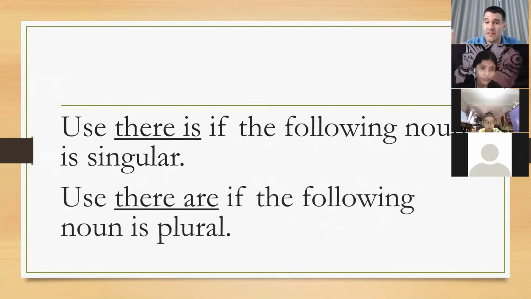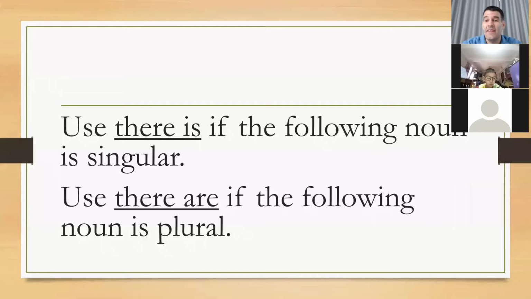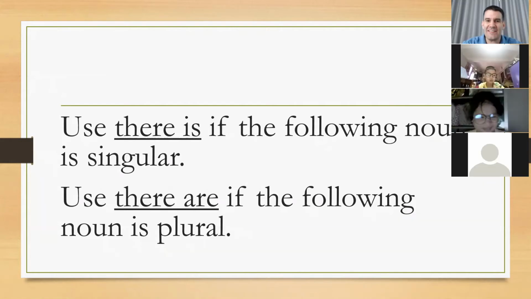So there is one, and there are if 2, 3, 4, 5, 6, 1 million, 1 billion, anything other than one. You will see this again and again in English. English is very much a language based on plural and singular, as well as time, when something is and how many of them there are.